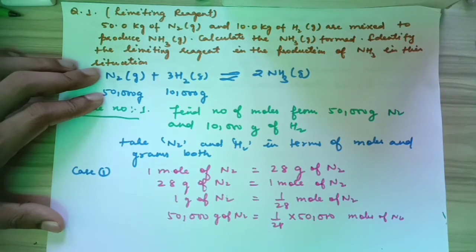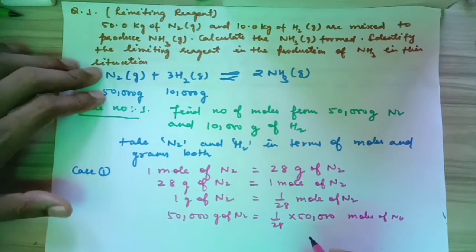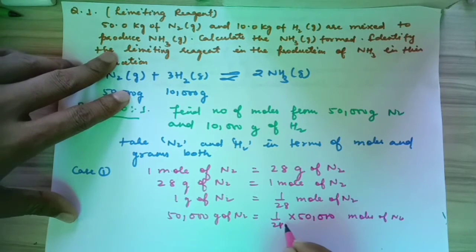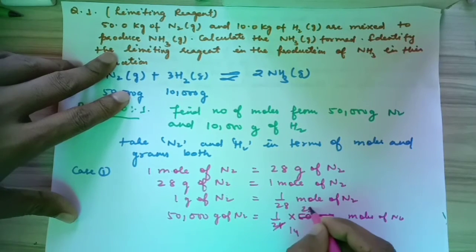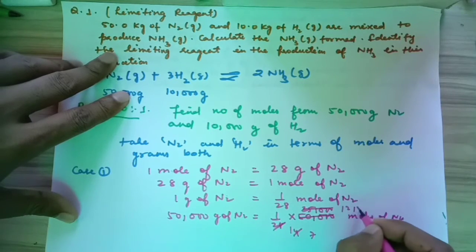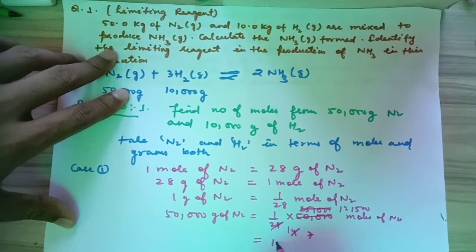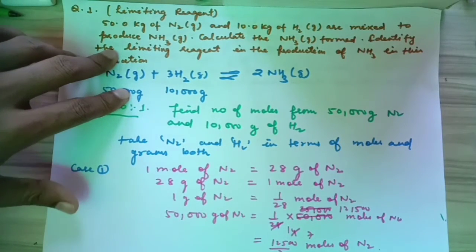Now from solving, we see that it is 14, so it will be 25,000. It is 7, so it is 12,500. So finally we got 12,500 by 7 moles of nitrogen.